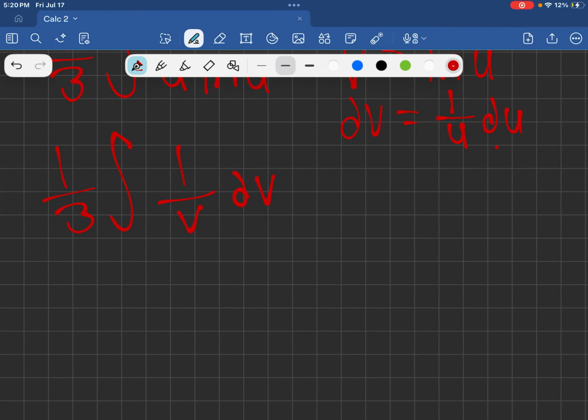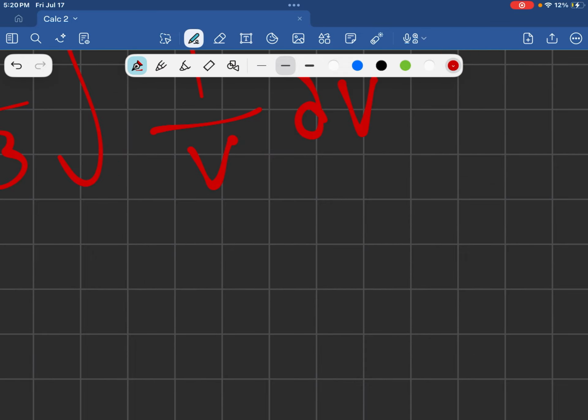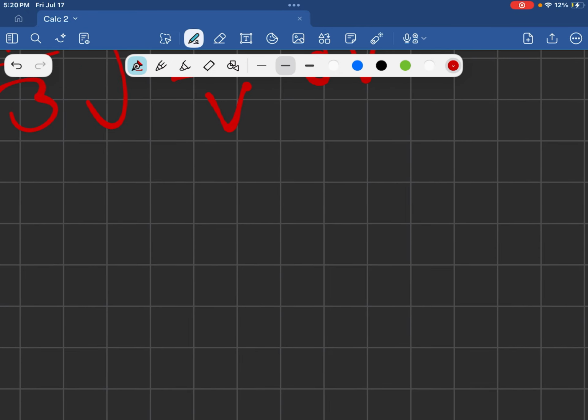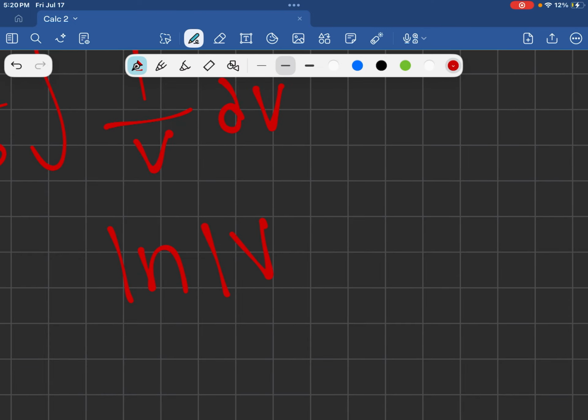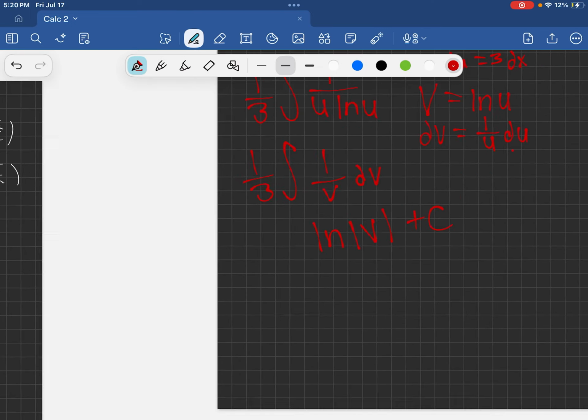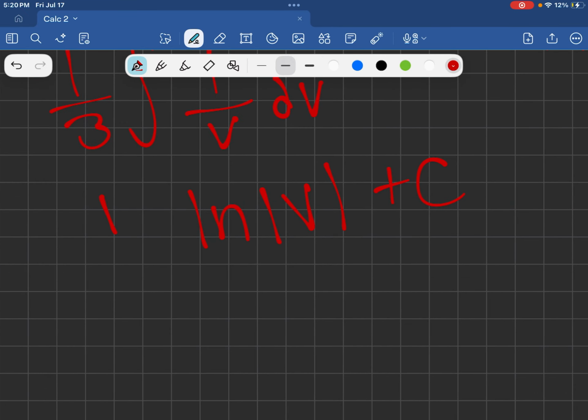So when you take the integral of this, you just get ln of v plus c and 1/3 times all that.